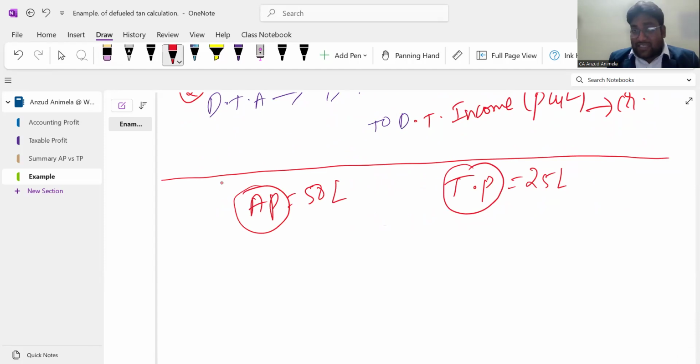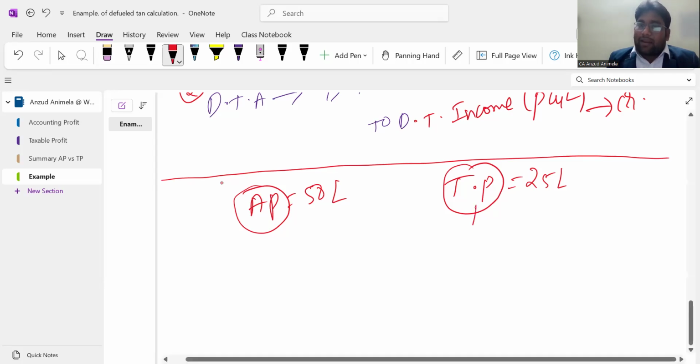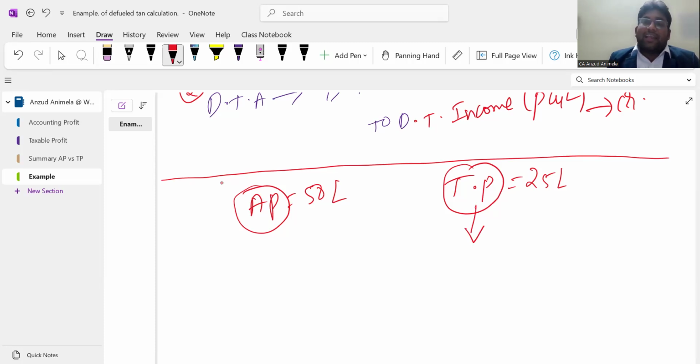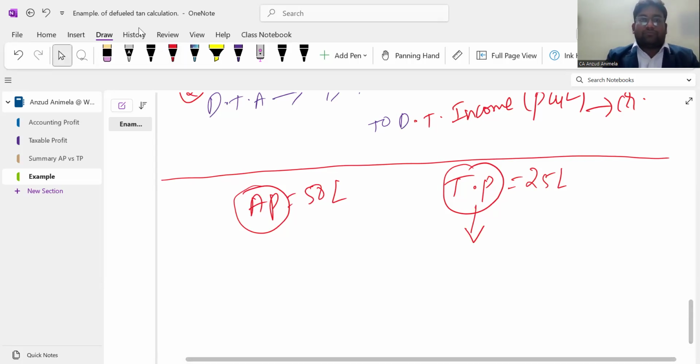We can see and understand this in the coming classes because there are some items which make differences. Under the Companies Act, for one particular item, the treatment is different from the Income Tax Act. That's why the differences arise. We can discuss this in forthcoming classes. Thank you.